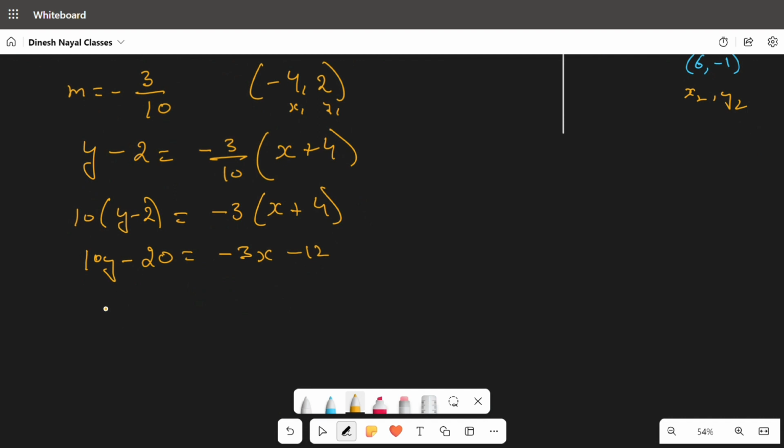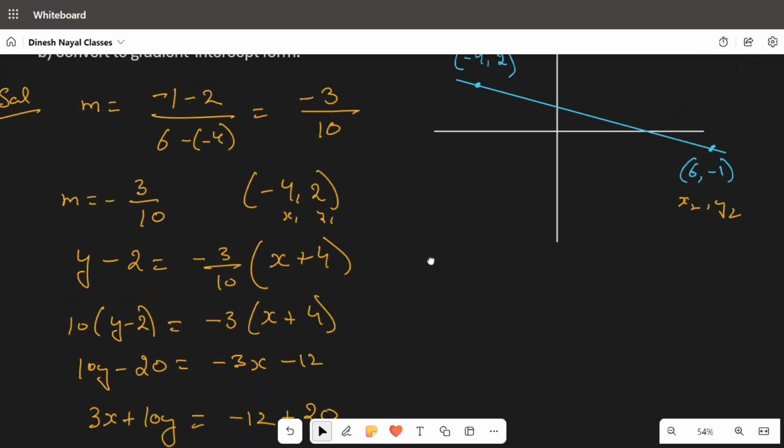So 3x plus 10y equals minus 12, and minus 20, when you change the side, will become plus 20. So 3x plus 10y equals minus 12 plus 20, which is 8. Okay, so this is the equation.